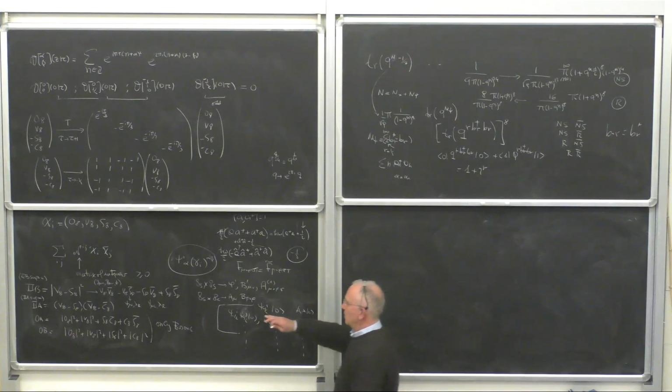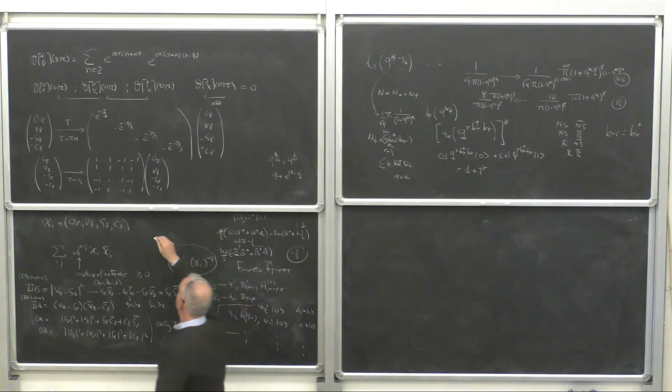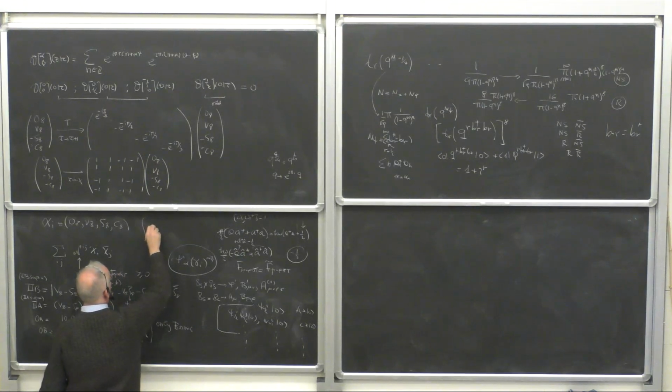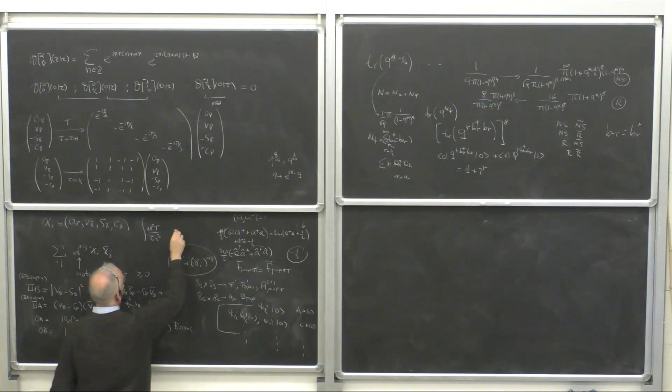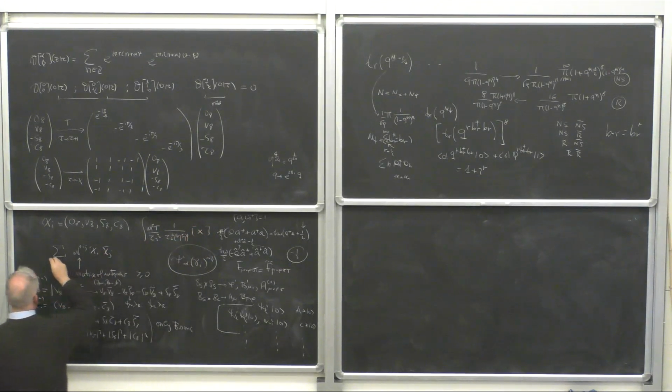Consider that I'm only looking at the integrand of the partition function. The partition function is integral d2 tau over tau 2 squared. Then there is 1 over tau 2 to the 4th eta bar to the 8th. And then there is this quantity here that I'm considering.